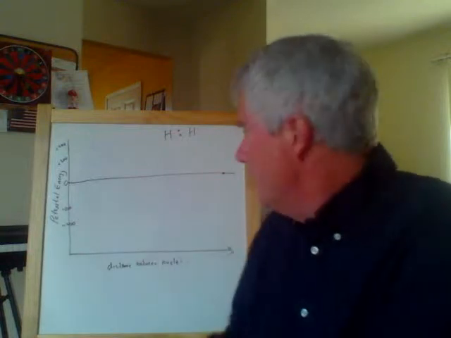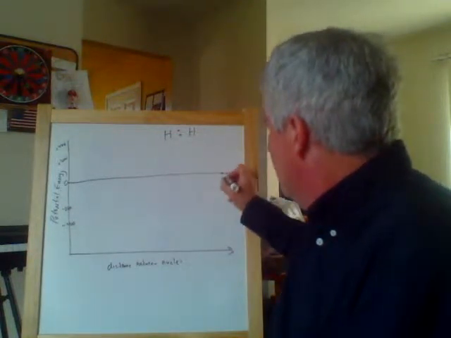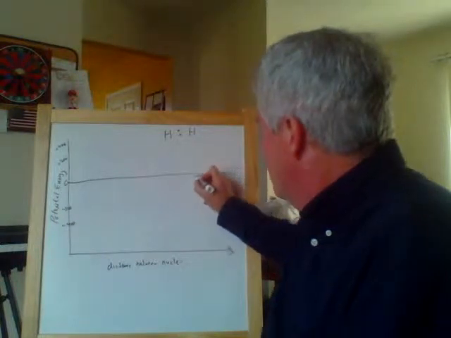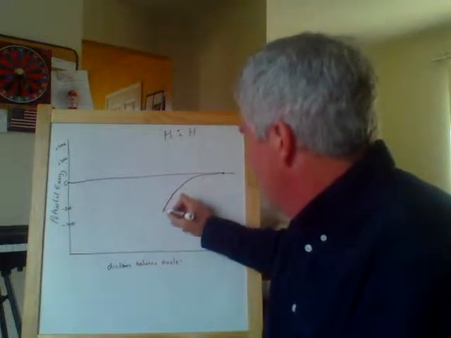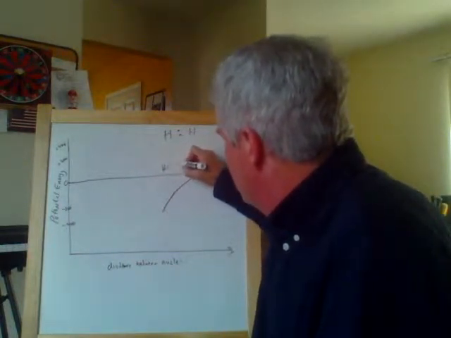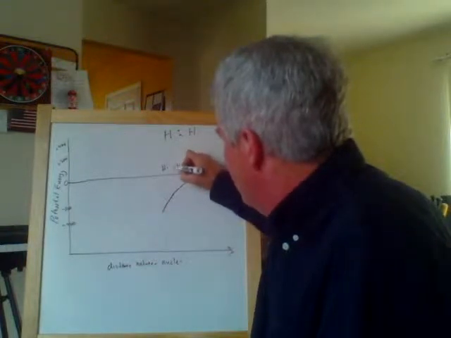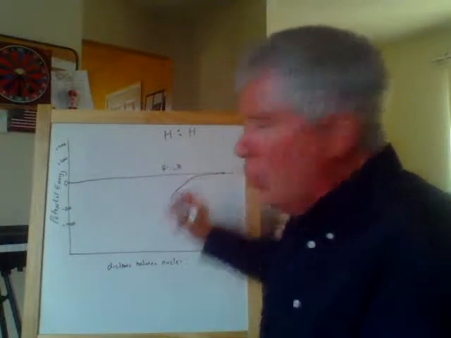But as the atoms are brought closer together due to this sharing, the energy of the system drops. Essentially, when we're about here, what we have is a hydrogen with its electron and a hydrogen with its electron that are sort of close to each other.